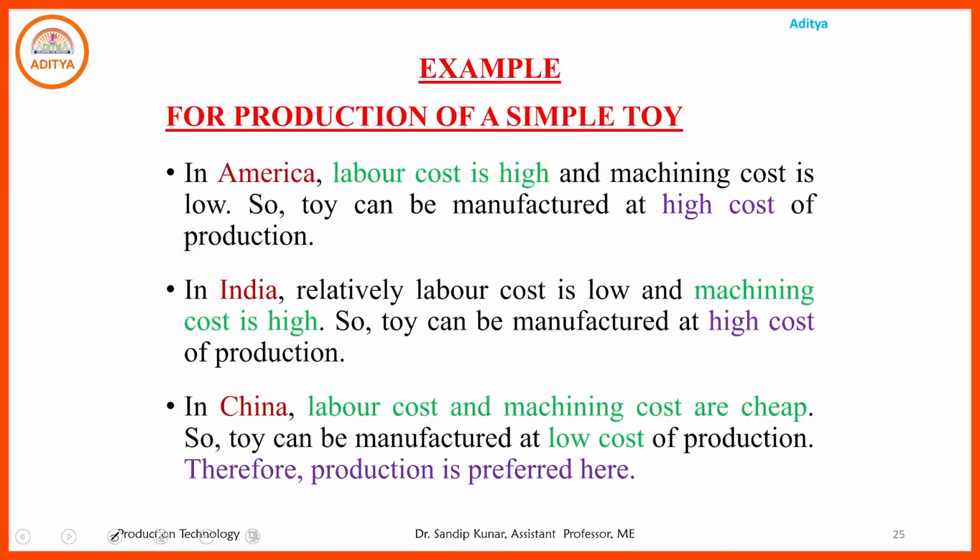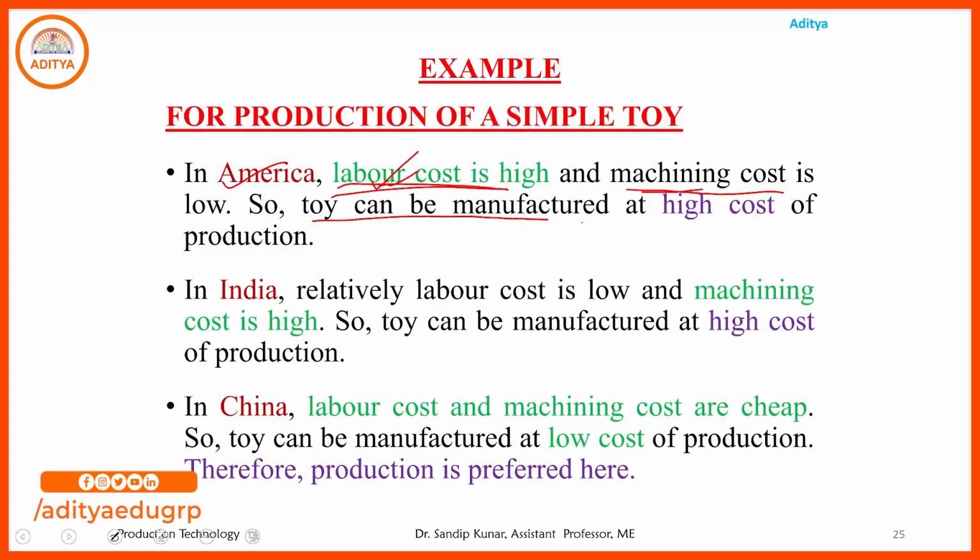Some examples: in the USA, labor cost is high but machining cost is low, because machines are manufactured in that country but labor cost is high. So if both are added, a toy can be manufactured at high cost.